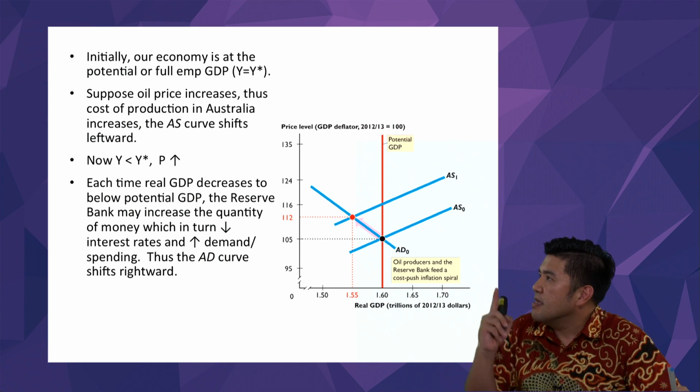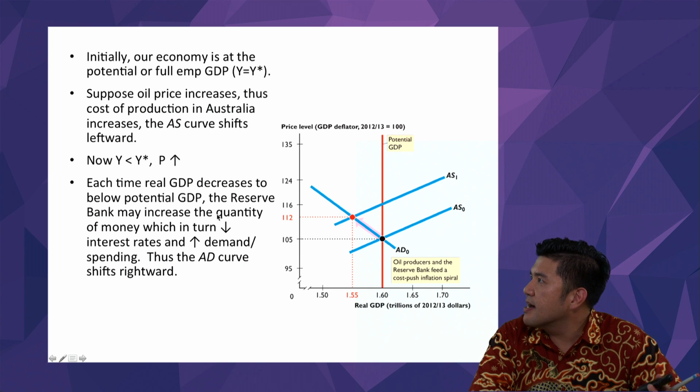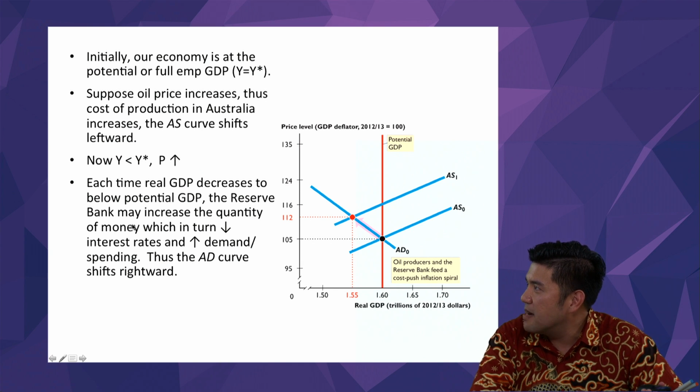Each time real GDP decreases to below potential GDP, the Reserve Bank may increase the quantity of money that will in turn reduce the interest rate.